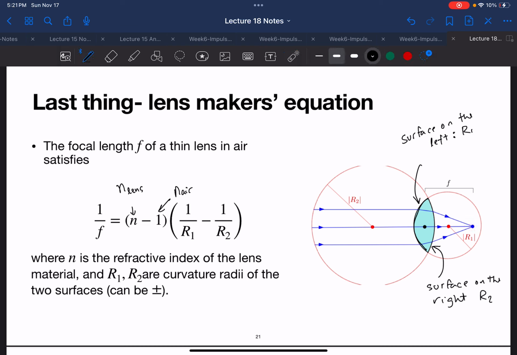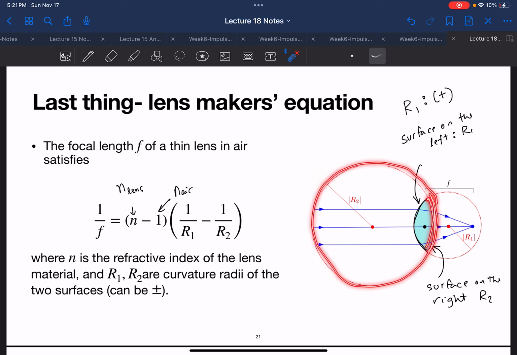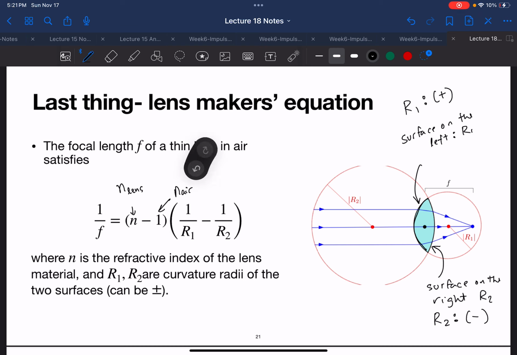So in this case, R1 for us is a positive value. And then if we take a look at surface 2, well, surface 2 is part of a circle that, if you complete it, looks like this. And its center of curvature is on the same side as where the light is coming from. So R2 for us is going to be a negative value.